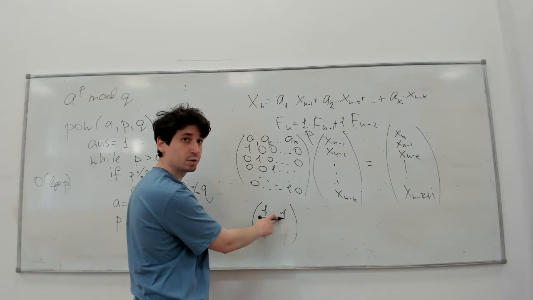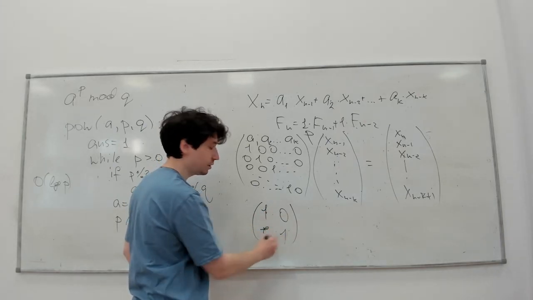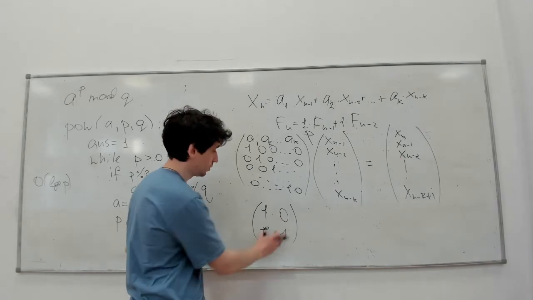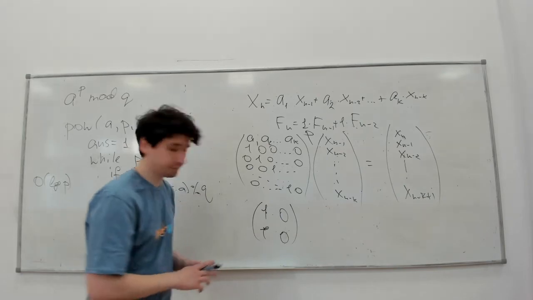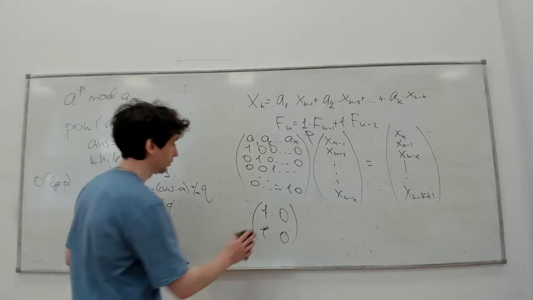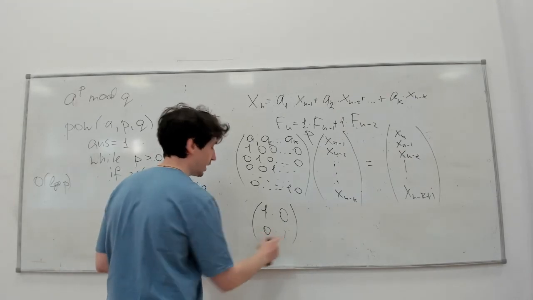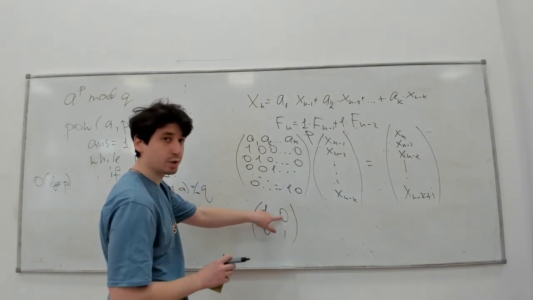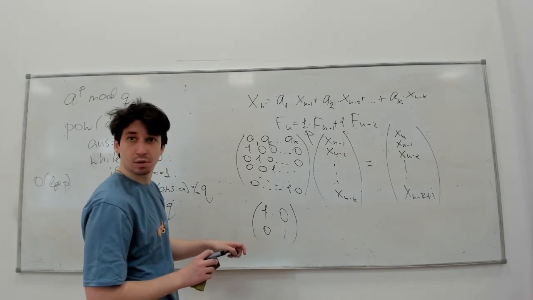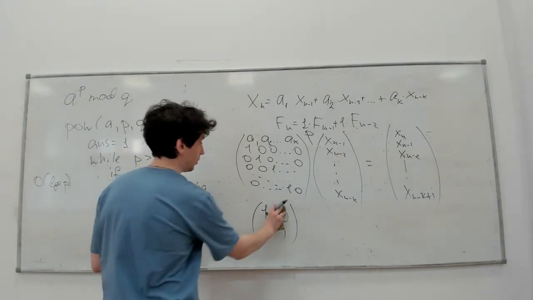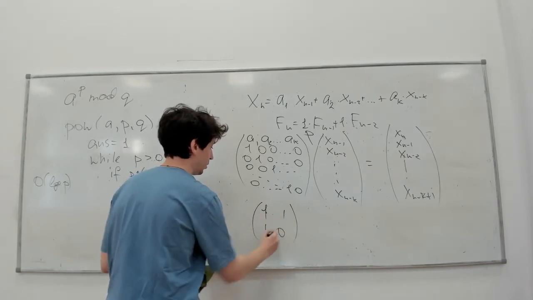Where is 0? Here 0? Yes. Here 0. Second row, first column. 1 1, 1 0 and then 1 0. Yeah, it should be like that. It should be 1 0.